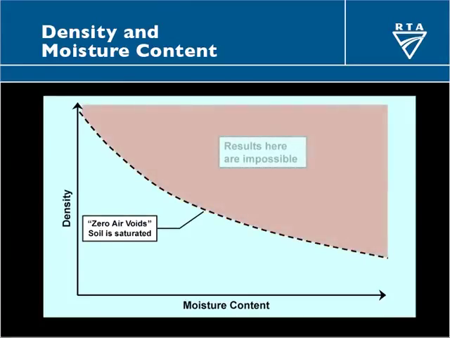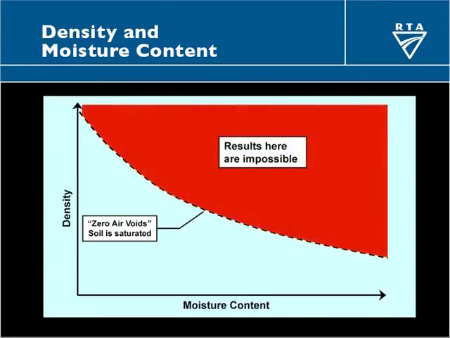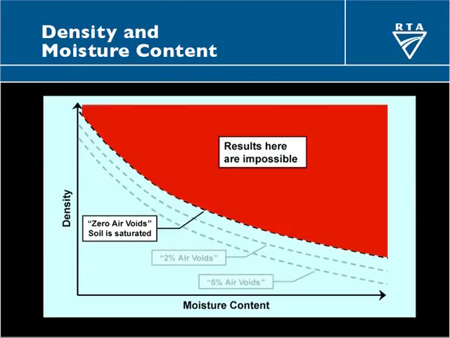So you can say on a graph like that that results above that curve are impossible. If you get a result there, it means either you've misunderstood the density of the particles or something has gone wrong in the test. Now, having worked that out, it's also very easy to work out what the density of the soil would be if it was only partly saturated.